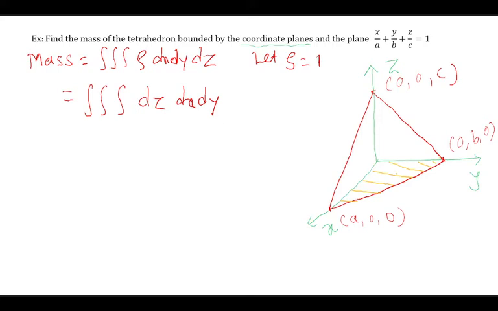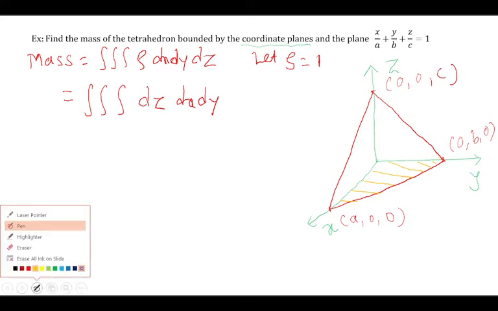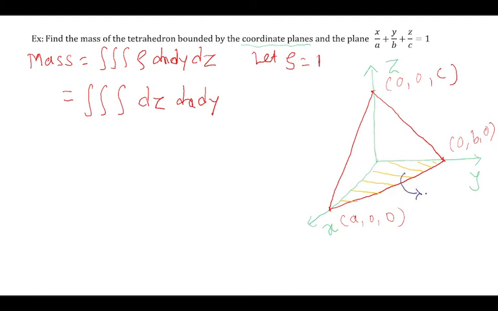You'll observe the lower limit for z is obviously the xy plane, that is z equal to 0. This is the lower limit, and if you observe the height here, it is touching this oblique plane, that is the triangle. So the upper limit we can get from this equation: z by c equal to 1 minus x upon a minus y upon b.